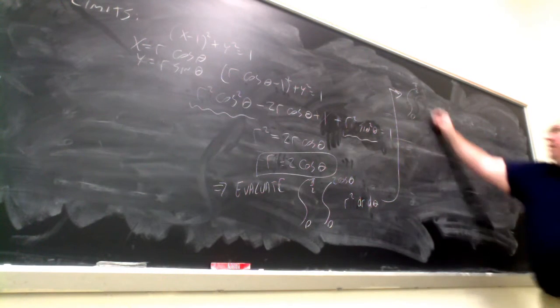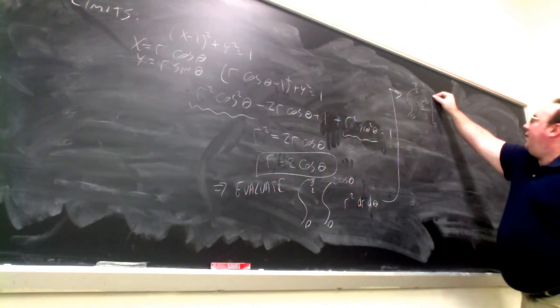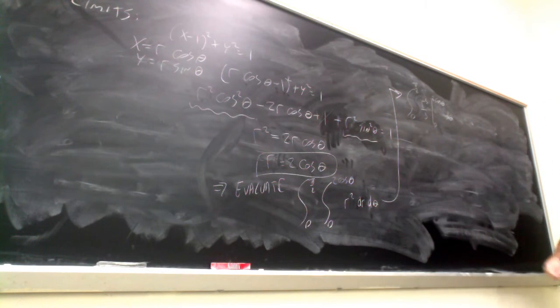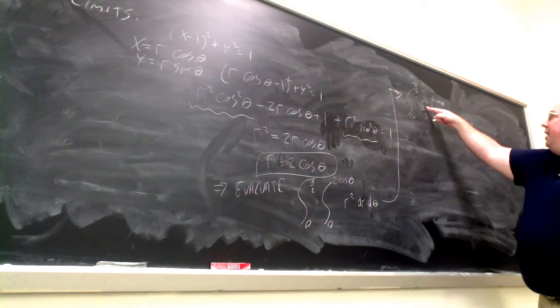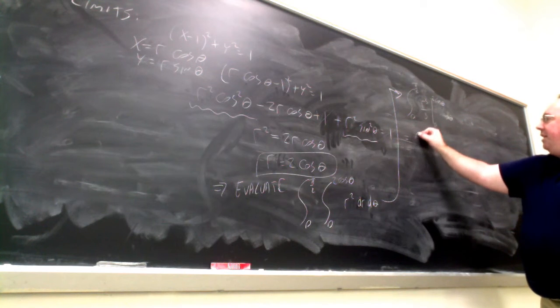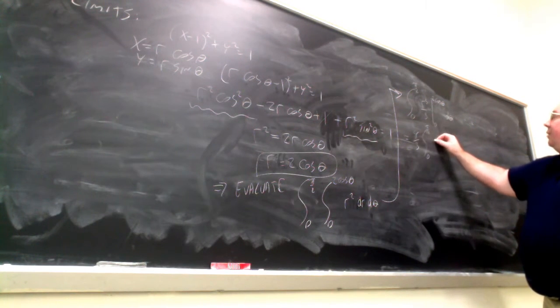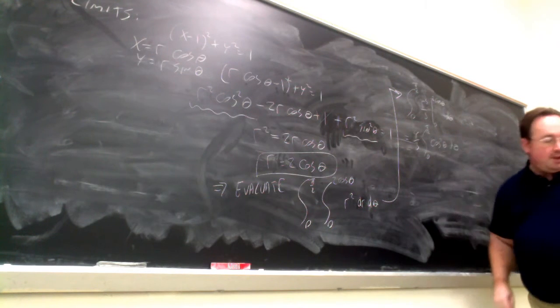R to the third over 3. Yeah, r cubed over 3 with limits 0 and 2 cosine theta d theta. And now you go ahead and plug in the limits. So we're going to get a 2 cubed or 8. So it's going to be an 8/3 that I can just pull out of the integral. And now we're going to have cosine cubed theta d theta.